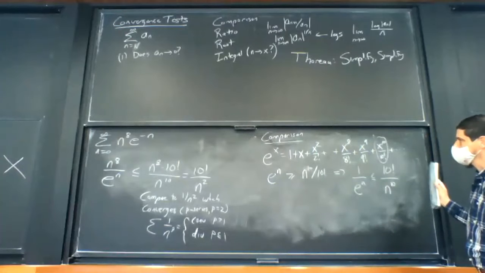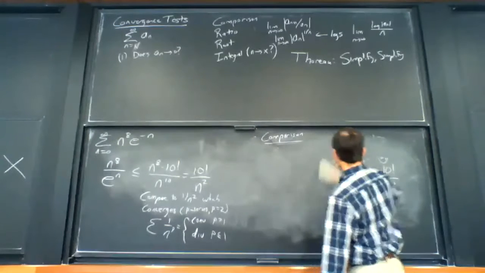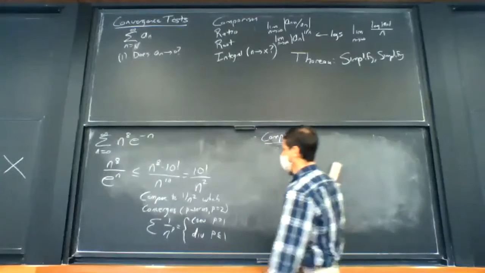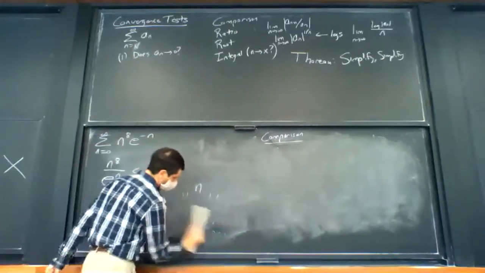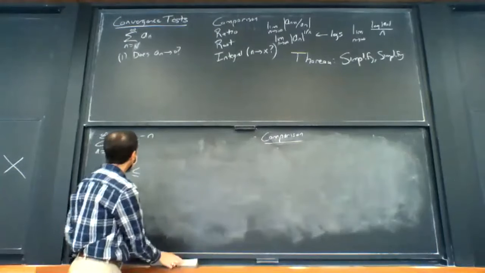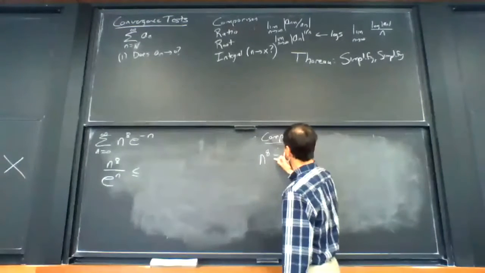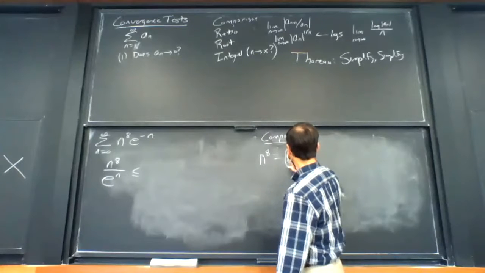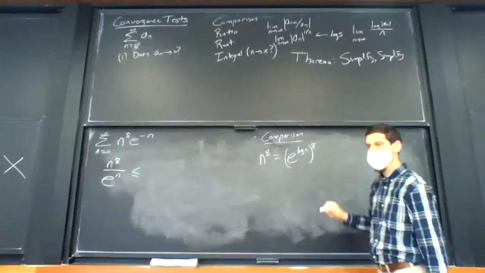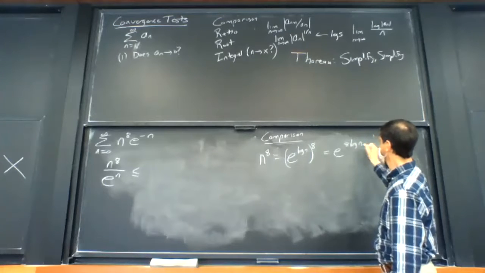So let's see another comparison. Throw away all of this stuff. So we have n to the 8. This is the same as e to the log of n to the 8th power, which is e to the 8 log n.